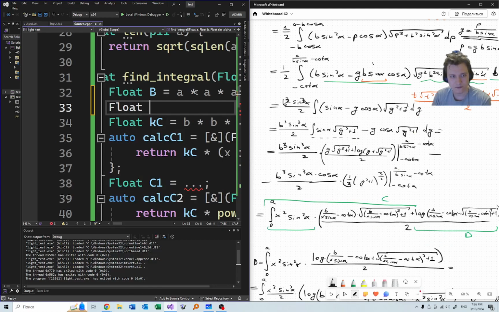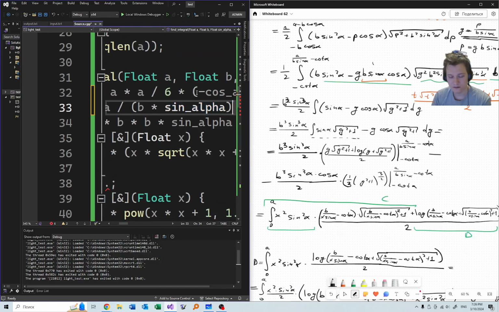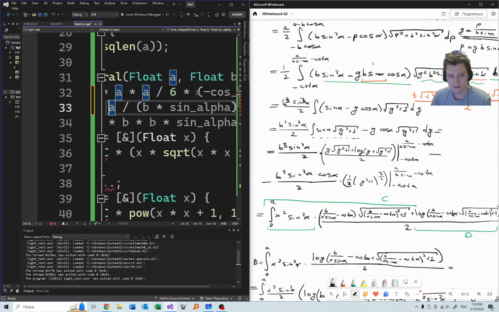Also, let's say plot xc up equals a over b times sin alpha minus b times cos alpha.